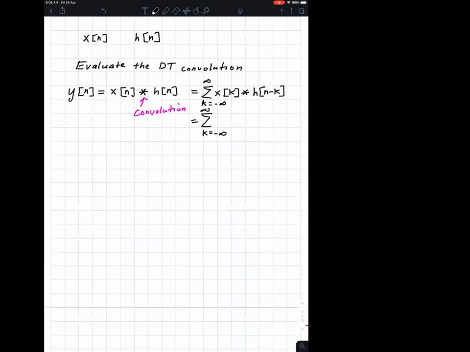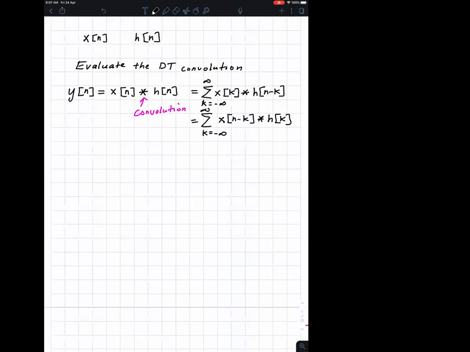Or it can be the other way around also. It can be x[n minus k] convolved with h[k].